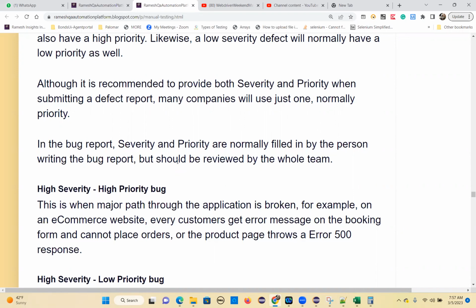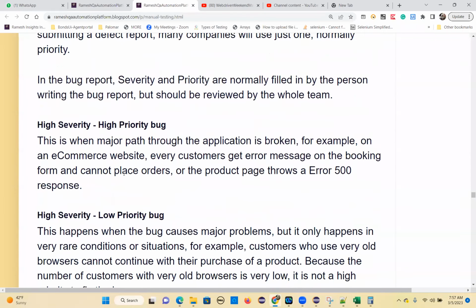Functional issues. So a high severity, high priority bug means when a major path through the application is broken. For example, on an e-commerce website, every customer gets an error message when placing an order. So they are not able to place the order.